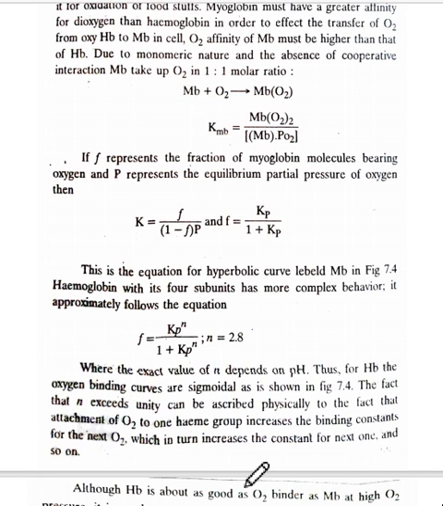Thus, for hemoglobin, the oxygen binding curves are sigmoidal. The fact that n exceeds unity can be ascribed physically to the fact that attachment of oxygen to one heme group increases the binding constant for the next O2, which in turn increases the constant for the next one, and so on.